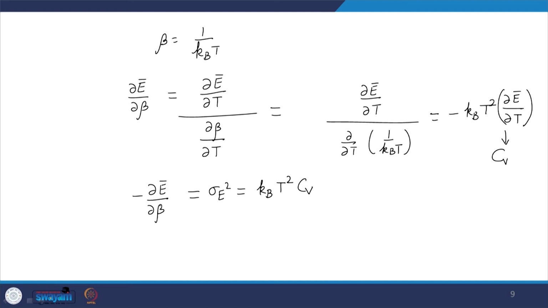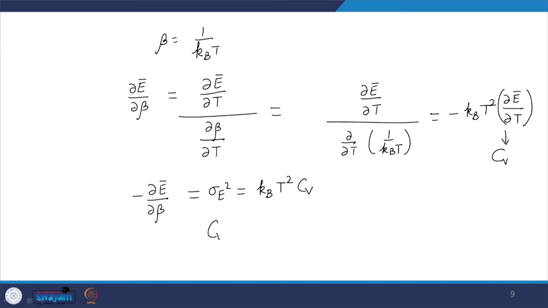Now, let us take an example of an ideal gas. So, for an ideal gas, the Cv is of the order of n multiplied with kB, and the energy is of the order of n multiplied with kBT. When I say order of, there can be some multiple there, that is not very important here.